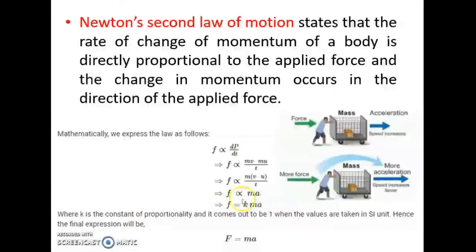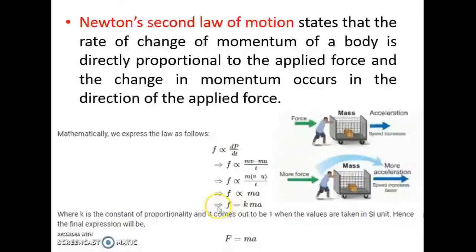So we are getting here the expression as force is directly proportional to mass into acceleration. To remove the proportionality sign, we have to replace that by a constant. So force is equal to K into m into a, where K is the constant of proportionality and the value of K comes out to be 1 when the values are taken in SI unit.